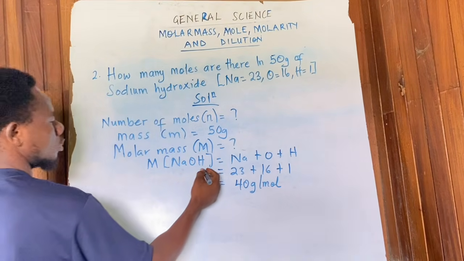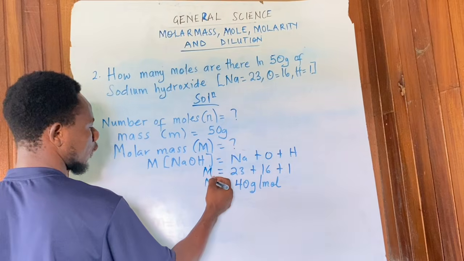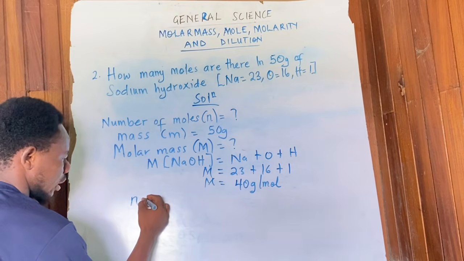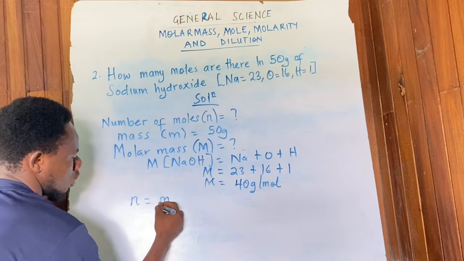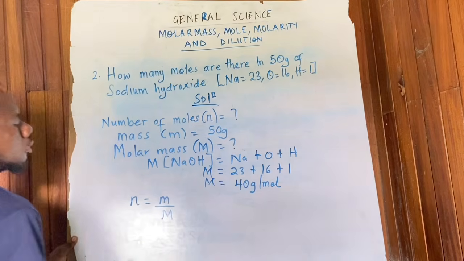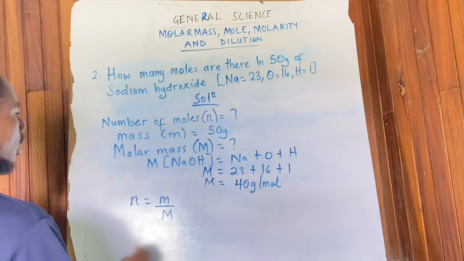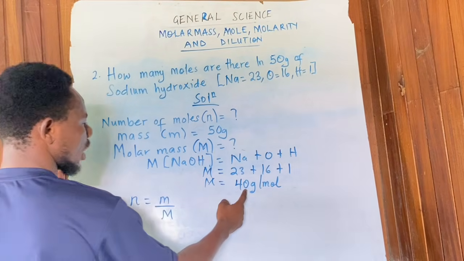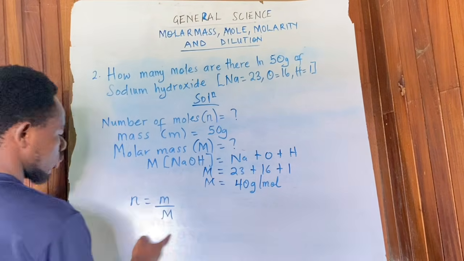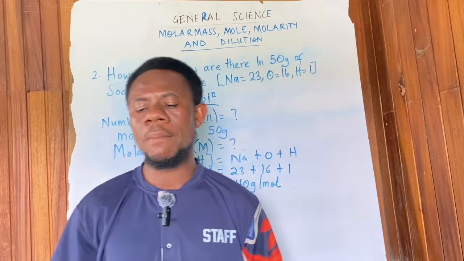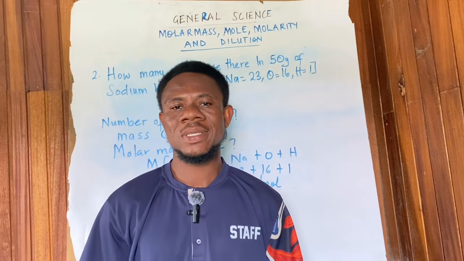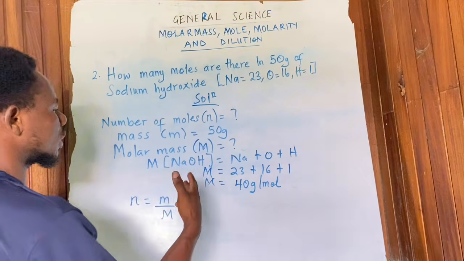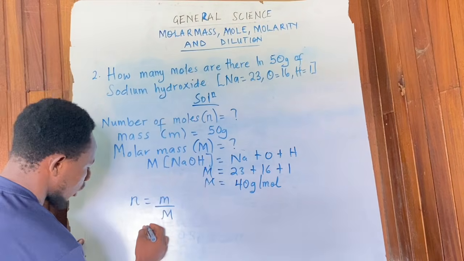We now have our molar mass as 40 grams per mole. But we know that our n is equal to small m over big M, right? Mass, we have our mass. Molar mass, we have our molar mass. We have to find our amount of substance. So we have to put in the values.